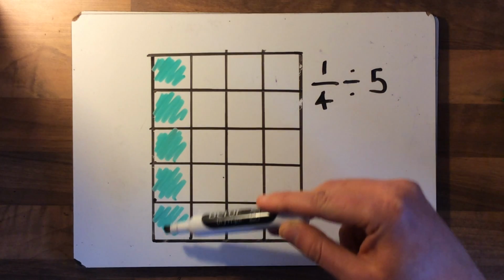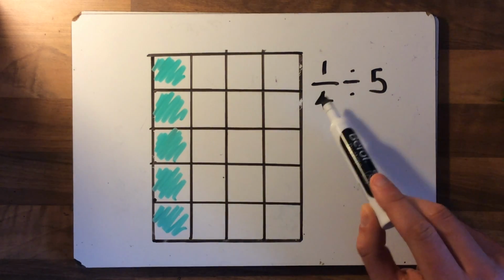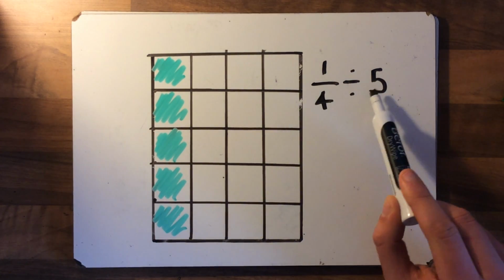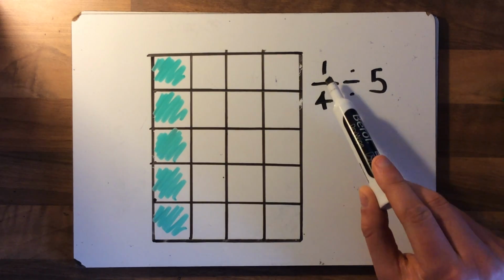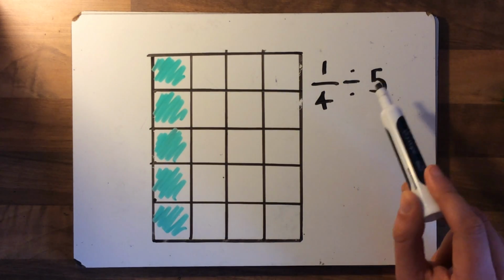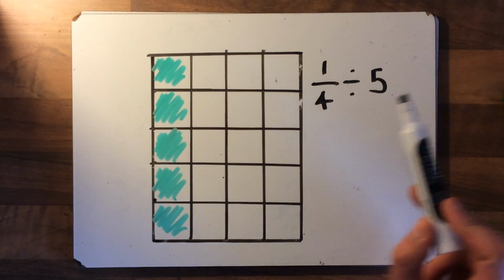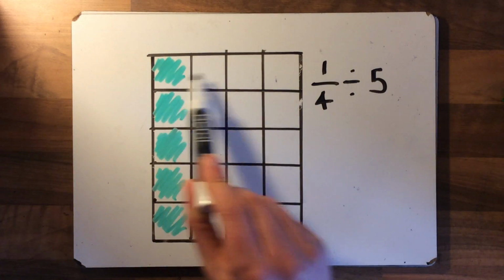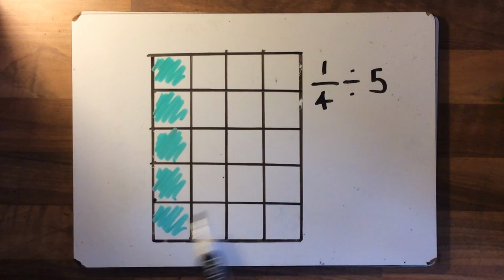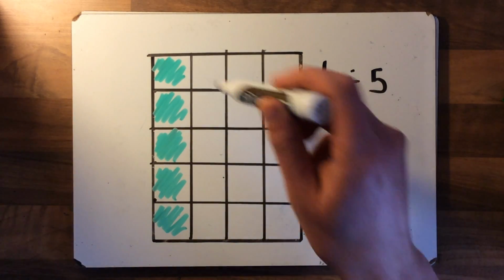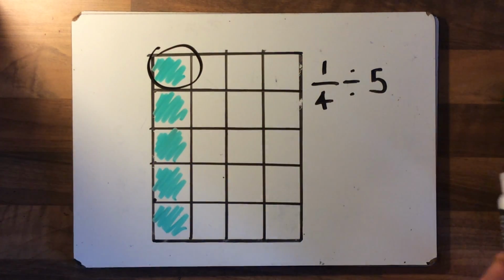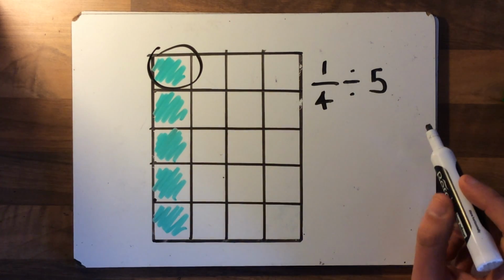I've just shaded in 1/4, and this 1/4 is going to be split between 5, into 5 equal pieces. You can see across I've split 1, 2, 3, 4, 5. So really we want to work out what one single piece of this would be.